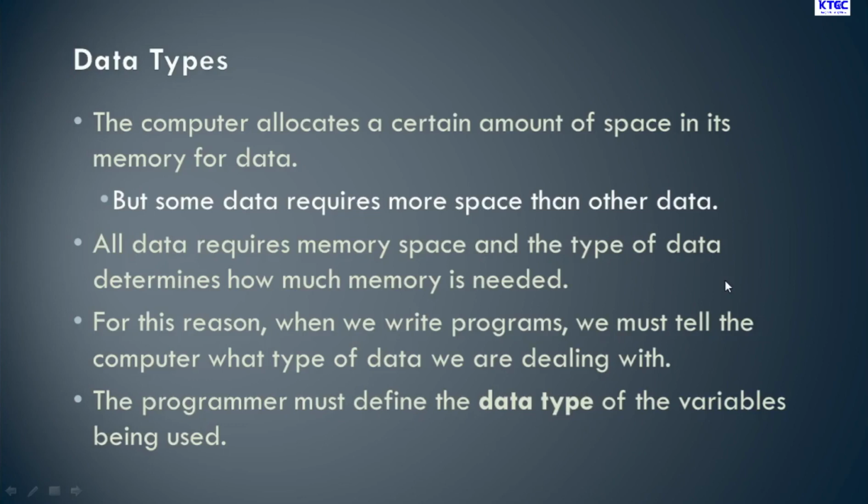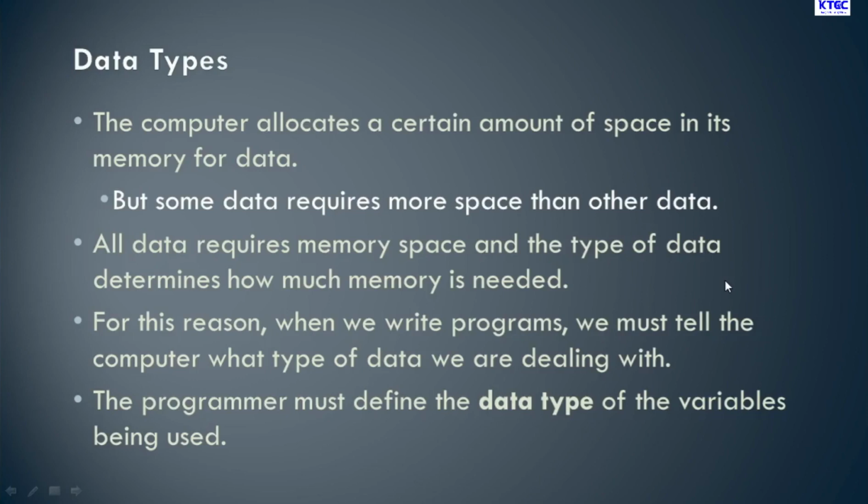So let's proceed. All data requires memory space, and the type of data determines how much space is needed. For the computer to know the space to leave for you, you have to tell the computer the type of data you are taking from your users. For this reason, when we write a program, we must tell the computer what type of data we are dealing with. So when writing a program, you make provision for this.